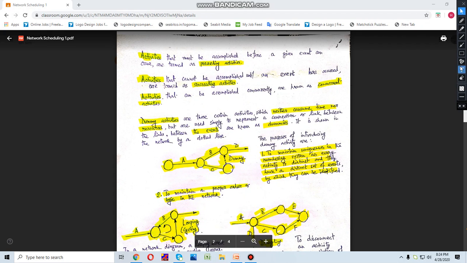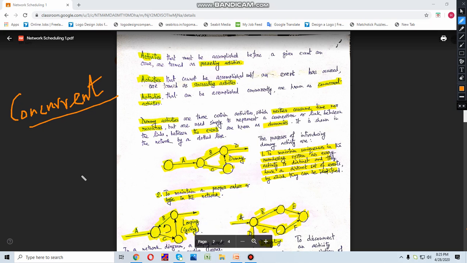Now there will be something called concurrent activities. In the case of concurrent activities, these activities can be accomplished concurrently. That means they are going on simultaneously.